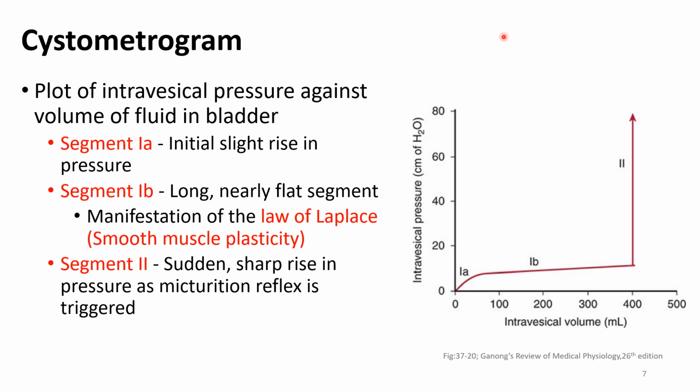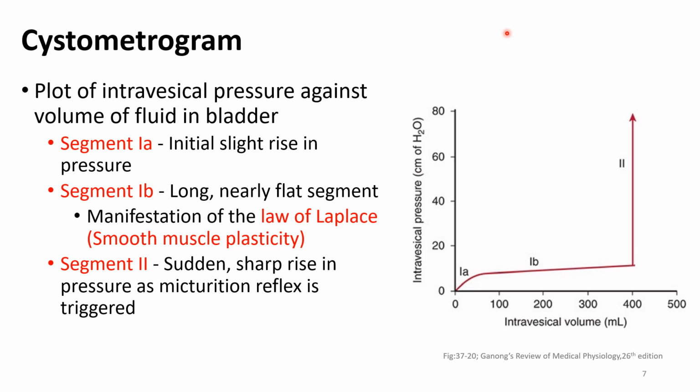So what is this law of Laplace? It states that the pressure in a spherical viscus is equal to twice the wall tension divided by the radius. In case of the bladder, the tension increases as the organ fills, but the radius also increases.